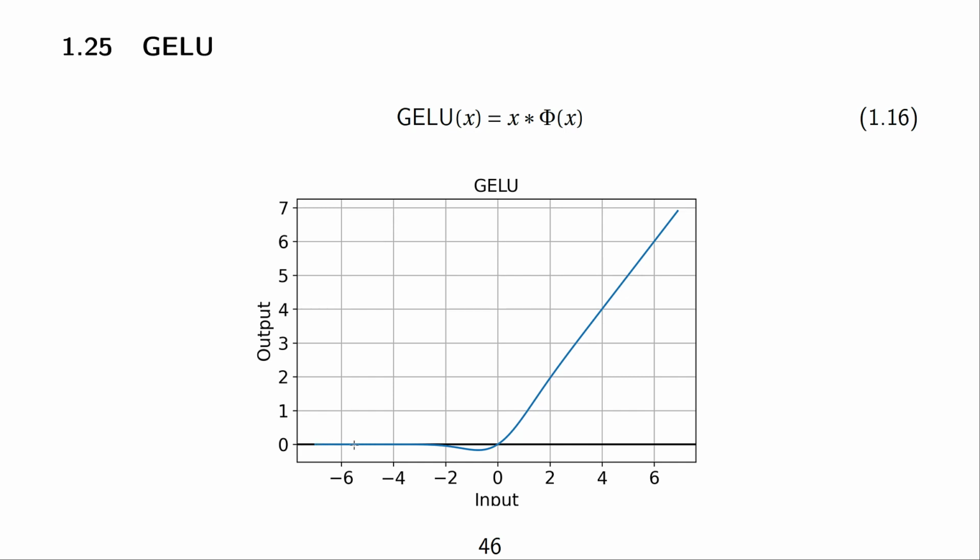It starts out being close to 0, then it makes a dip below 0, and then it goes up again in an almost linear fashion. While this is something that is counterintuitive, we see this behavior in several modern activation functions. That means several activation functions that people tried recently and reported some success with.